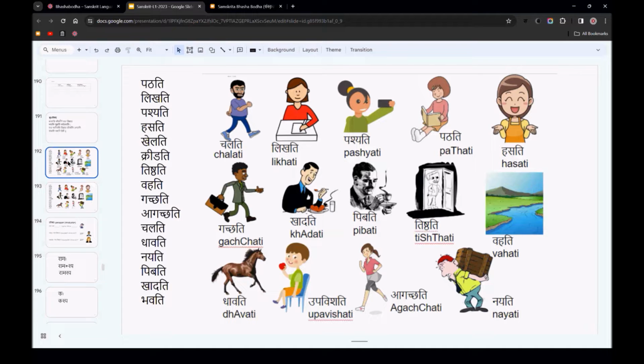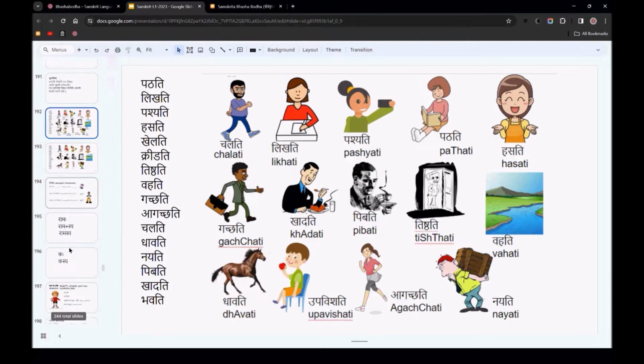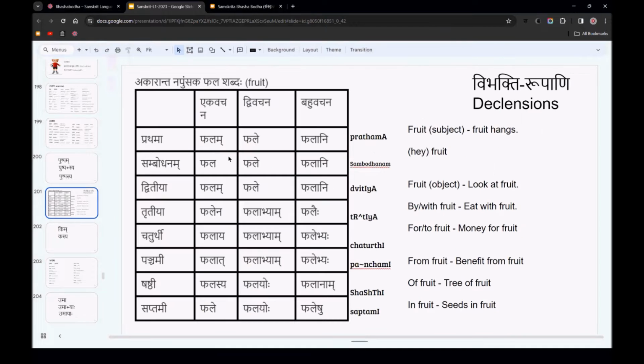So this is similar to the pratipadikam or the noun base. So for the noun base word, for example, for Rama it is Rama. Like this one, this is a noun table.